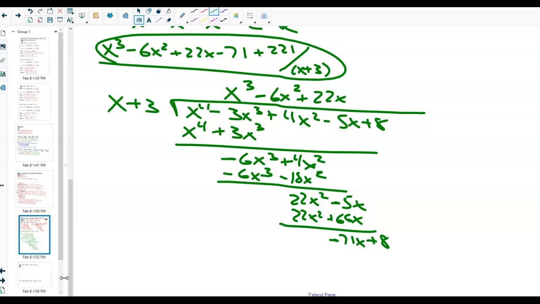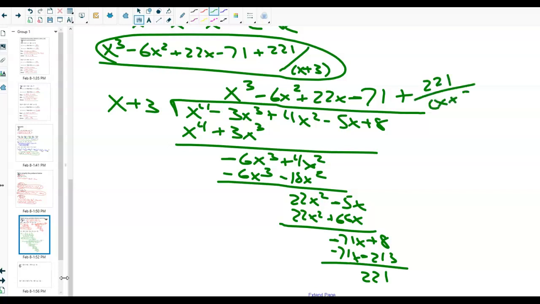What times x gives you negative 71x? Negative 71. Negative 71x. Negative 71 times 3 is a negative 213. And 8 minus the 213 is 221. Plus 221 over x plus 3. And you notice you get the same exact answer.